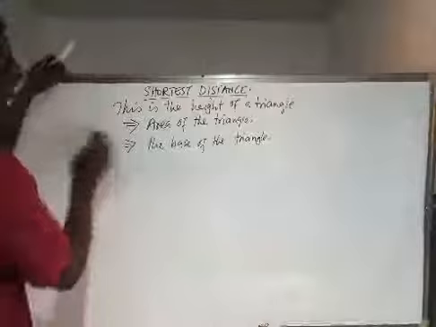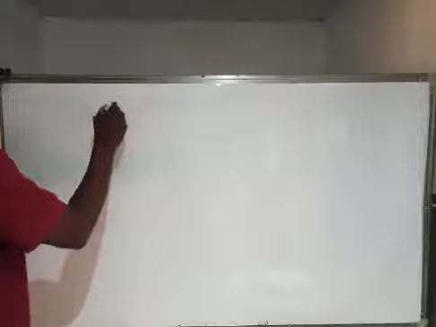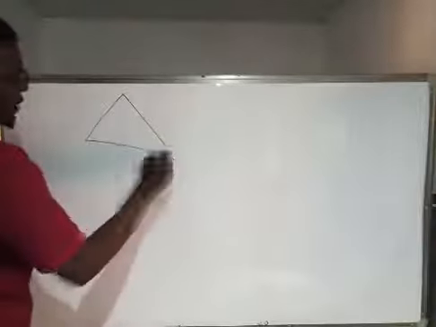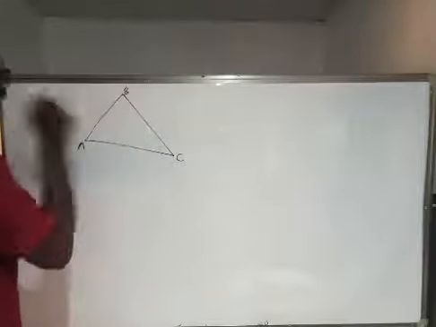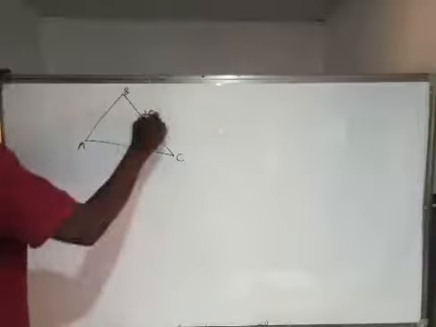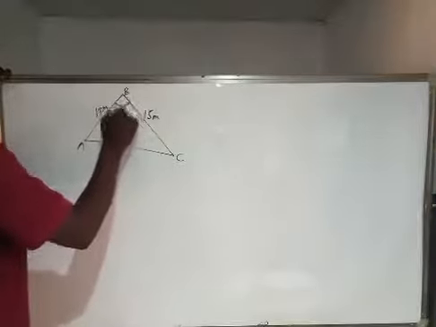Okay? Let's look at a comprehensive question. I'll talk about one under cosine rule and the other one under area. So, under cosine rule, let's say this is a triangle ABC, and this side is 15 meters, this is 13 meters, and the angle here is 76 degrees.